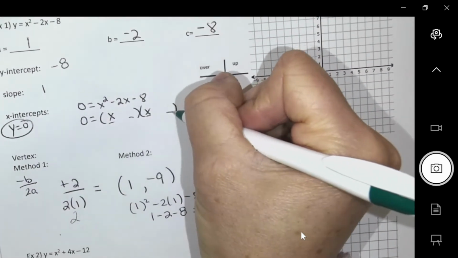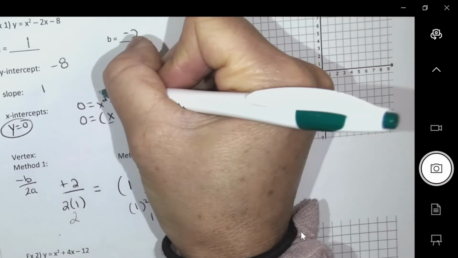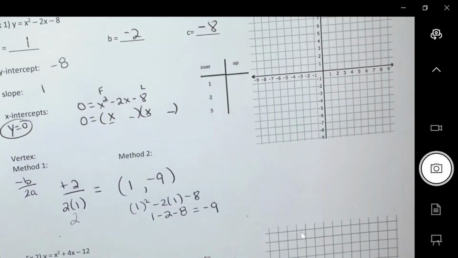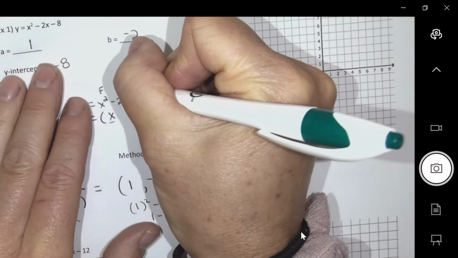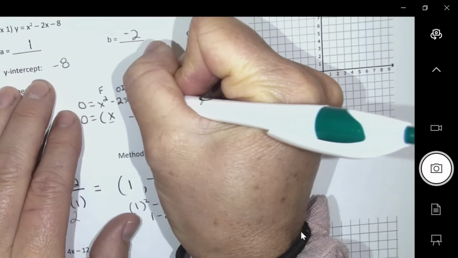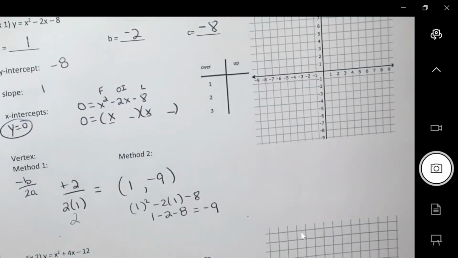Foiling means the last times the last needs to make that. So I could do a 2 and 4, or an 8 and 1. But those numbers have to add to that.